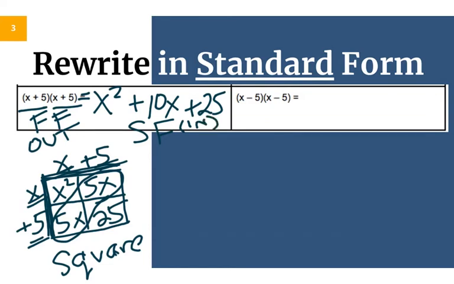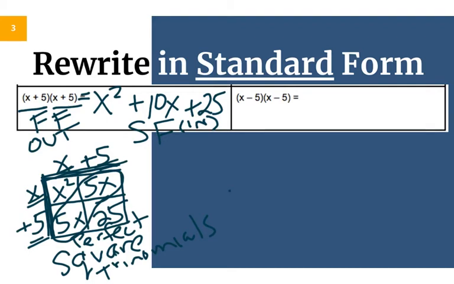All right. And again, these are called perfect square trinomials.